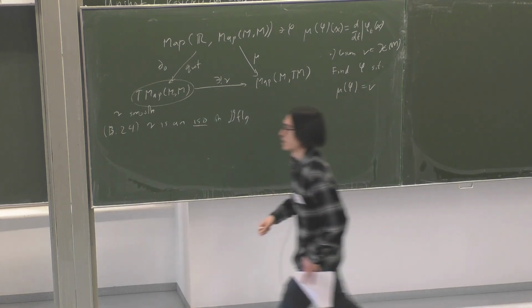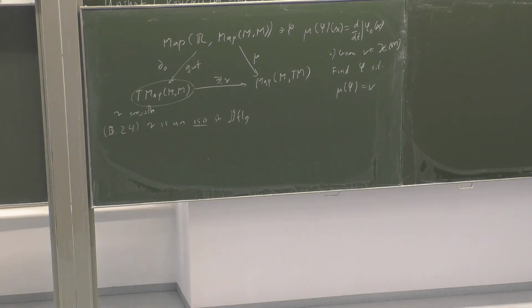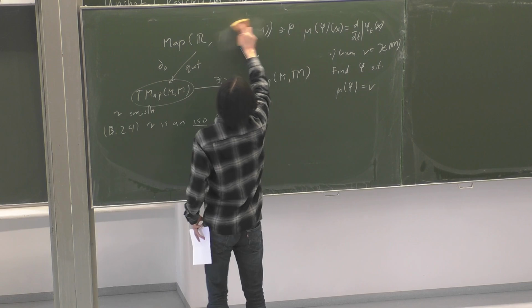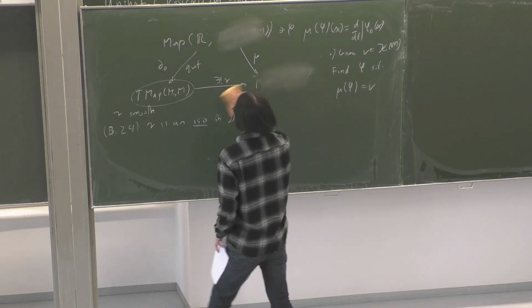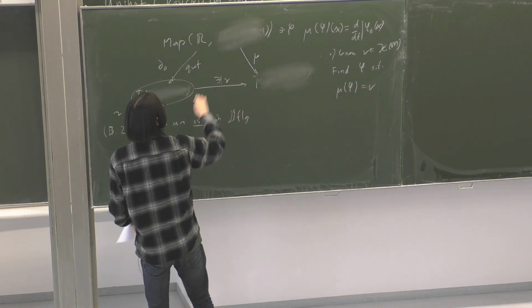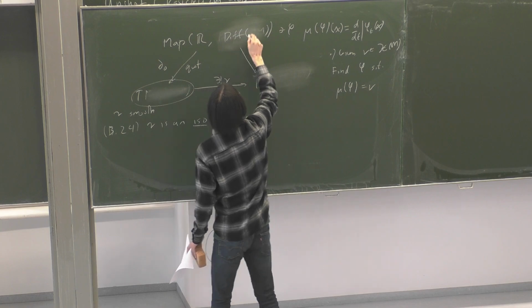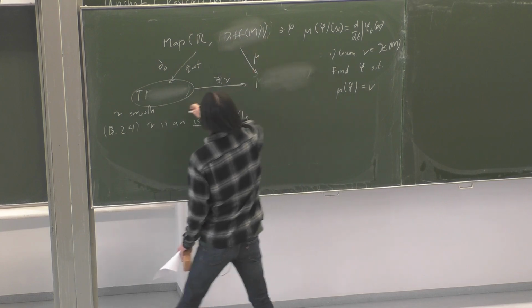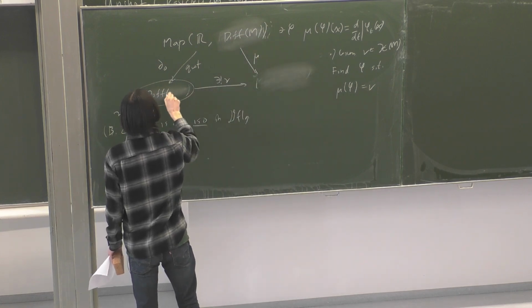But now, if I do a trick, which is, I'm sorry, always annoying if you're trying to write things down, but we're running out of time. I shouldn't have erased that one. I'll put it back. If we put Diff here, this is now we're going into open things.